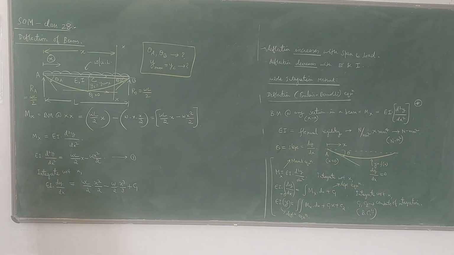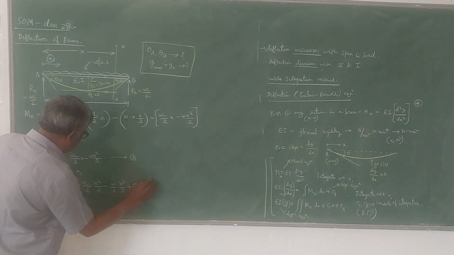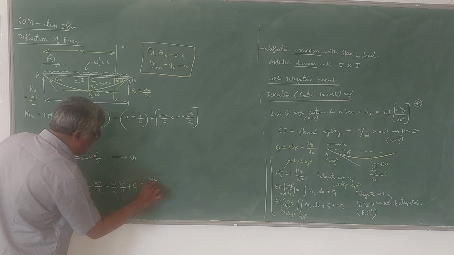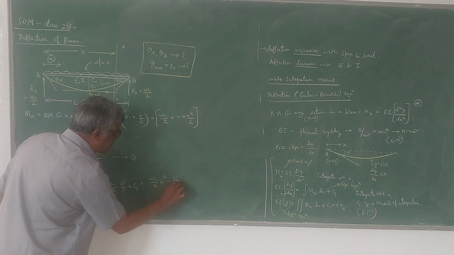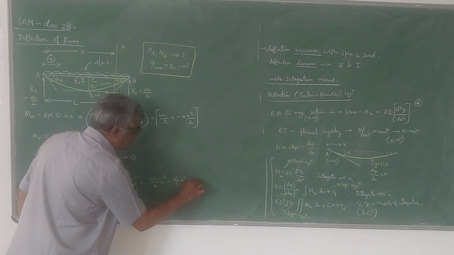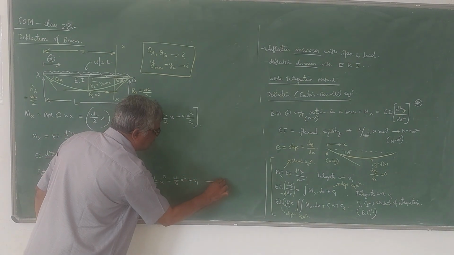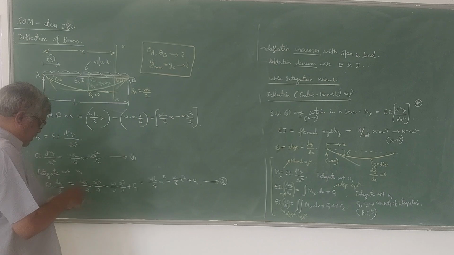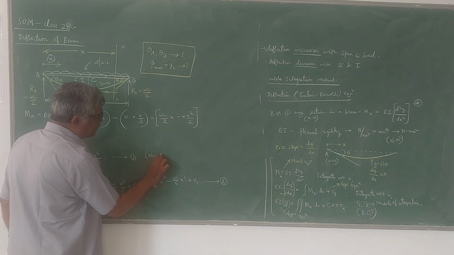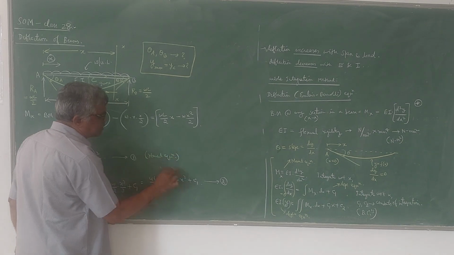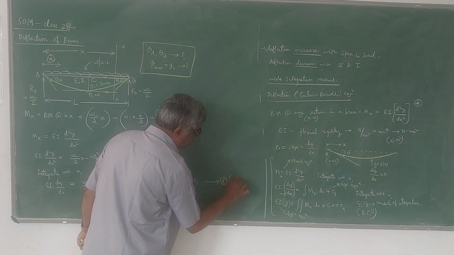Don't forget to write the constant of integration. If you simplify, you get WL by 4 x square minus W by 6 x cube plus C1. So this is equation 2. The first one is called the moment equation. The second one is the slope equation or the rotation equation.